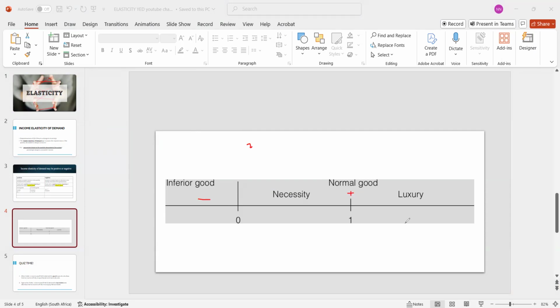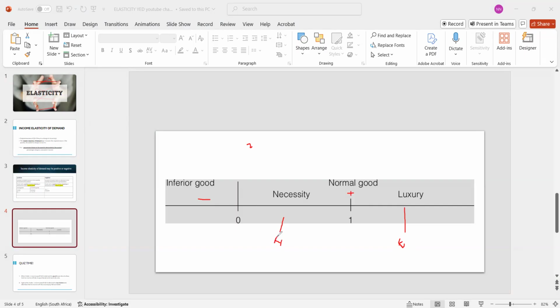Okay, let me just write this first. Here we have elastic. Then between 1 and 0, we have inelastic. Let me just write all the categories of price elasticity of demand.